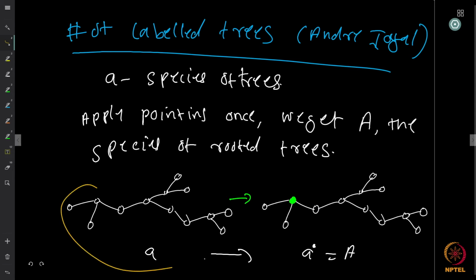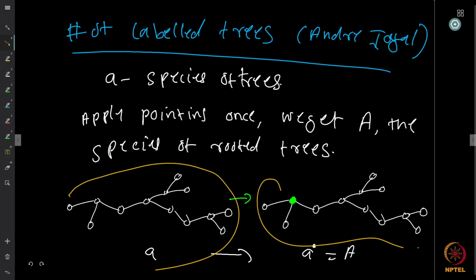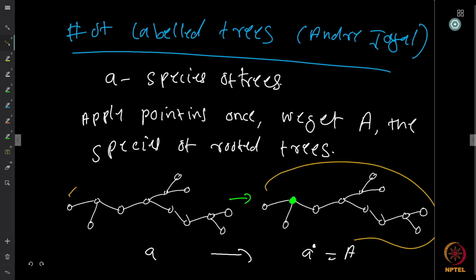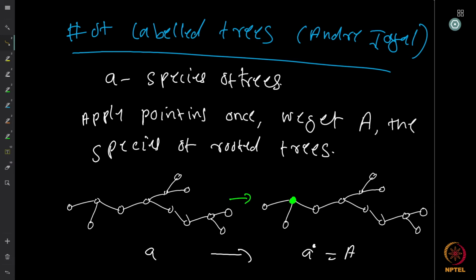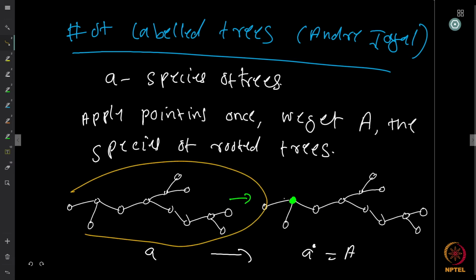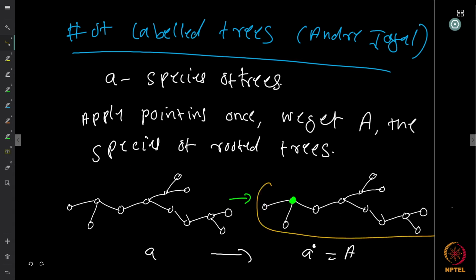So whatever tree you start with, you mark any one of the elements as root, and you get a rooted tree. Therefore, from the species A, you will get the species capital A when I take the pointing operation, so A dot.